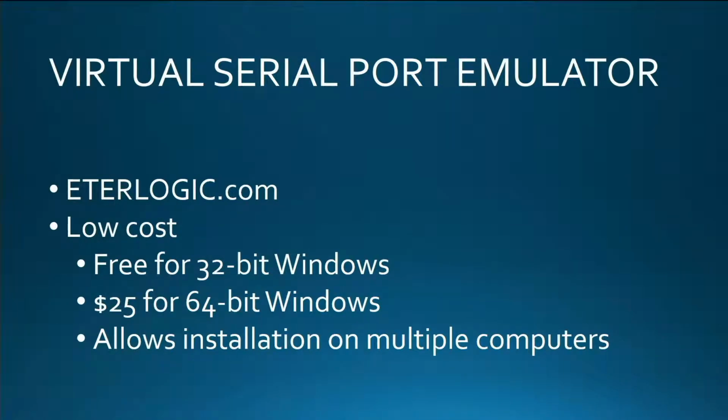It is low cost. If you happen to still be running a 32-bit version of Windows, it's actually free. However, if you are running what is now about 90-plus percent of the Windows installations out there, a 64-bit edition of the Windows operating system, it's $25. It's a buy once, use it all you would like software package.